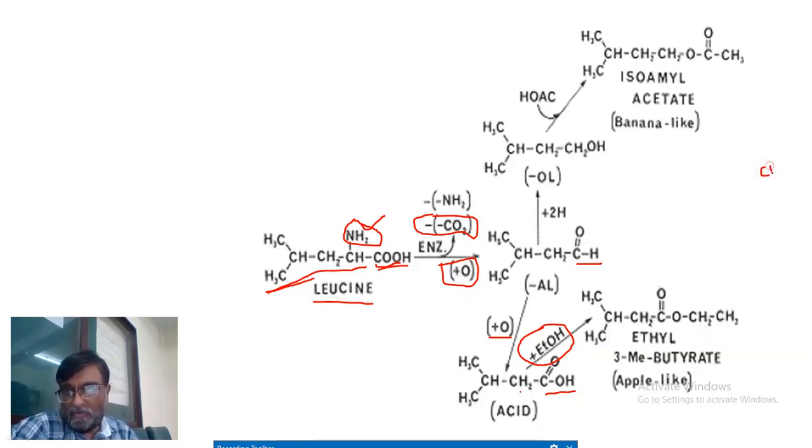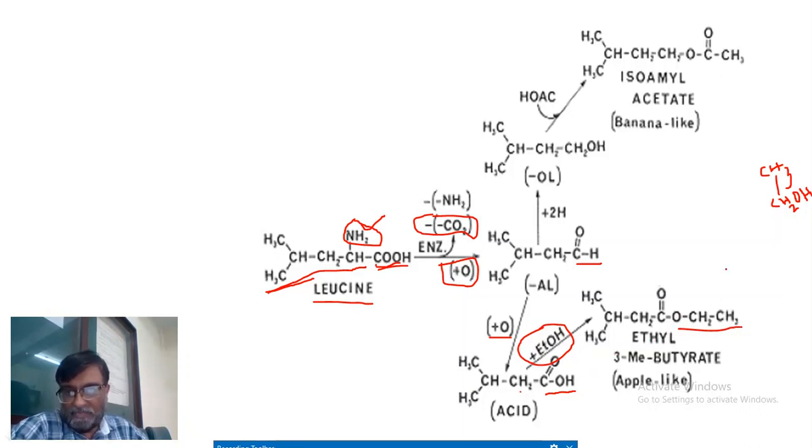CH3, CH2OH. This is the ethyl alcohol we are adding in this system, so this part is coming from the ethyl alcohol.